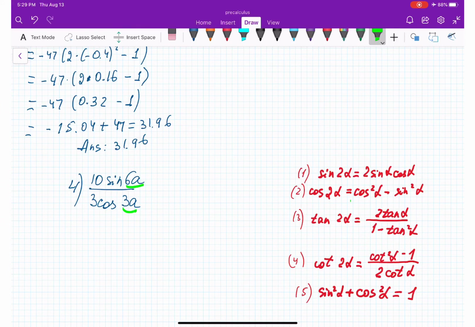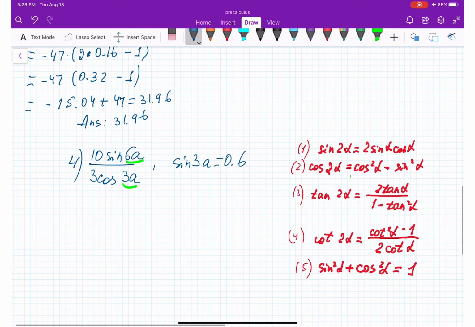Yes, we have here the condition that sine 3a is equal to 0.6. That means we have to get sine 6a, bring down to sine 3a. So from double angle get to single angle. How are we going to do it?